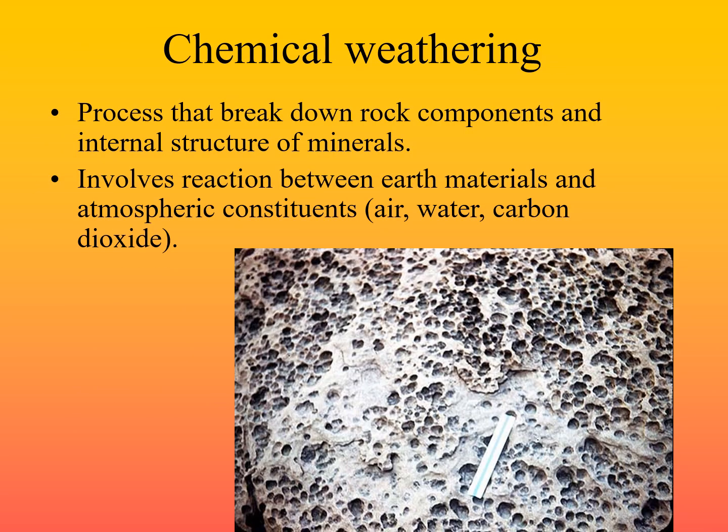And another thing that happens during weathering is chemical weathering. And this is where the rock starts to break down on a more compositional level. This is where the internal structure of the minerals is being weathered. And this involves earth materials like rock and atmospheric materials, so air, water, carbon dioxide.